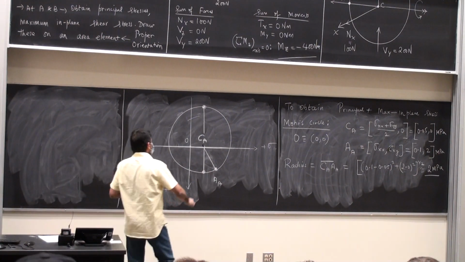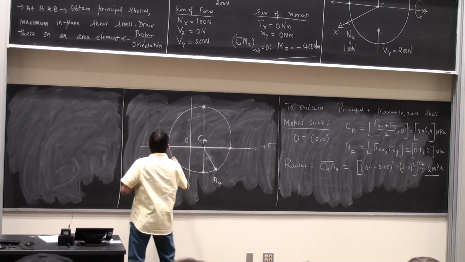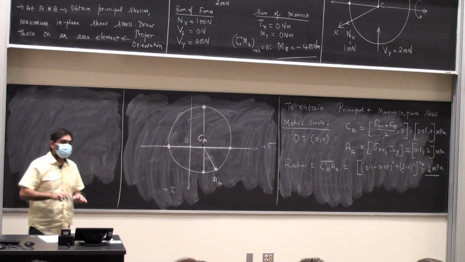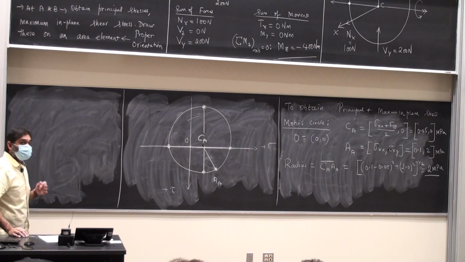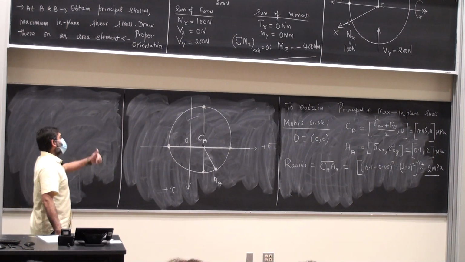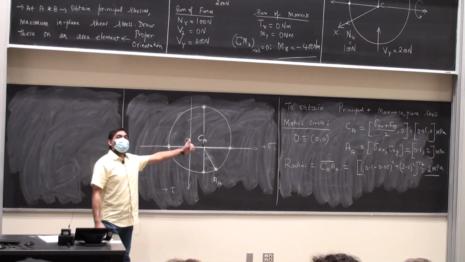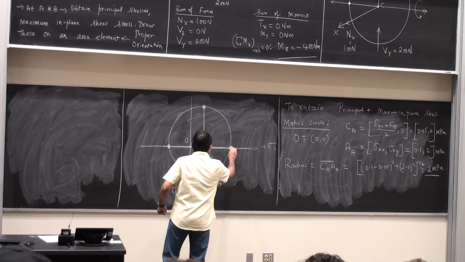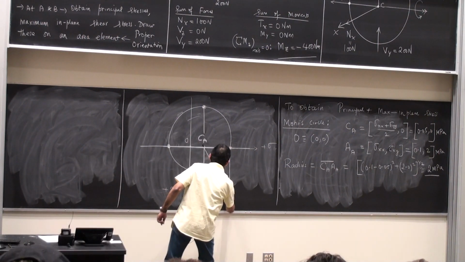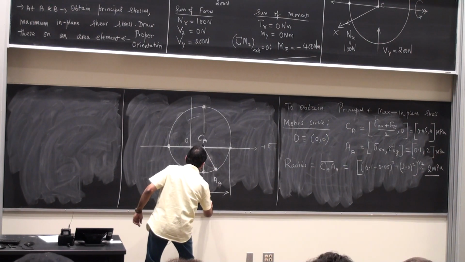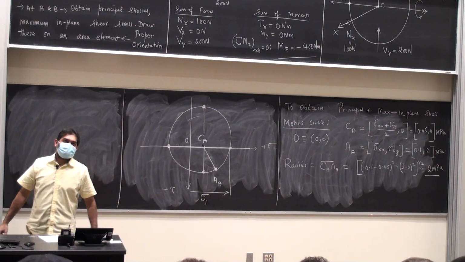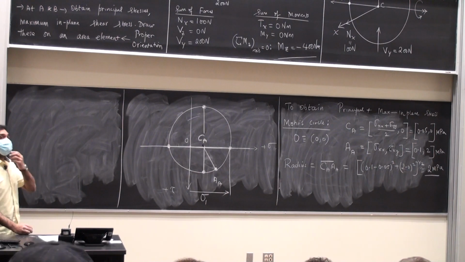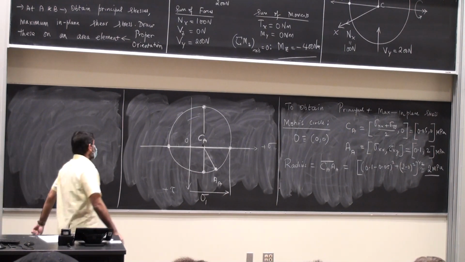Then I'm interested in this point here, and this point here as well. So those are the diametric points that I'm interested in. From the origin all the way to the rightmost point is going to be your sigma 1 value. Then from the origin all the way to the second point of intersection on the horizontal axis is sigma 2.